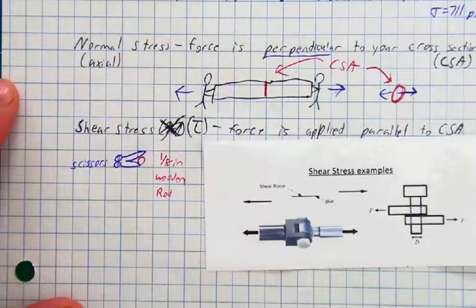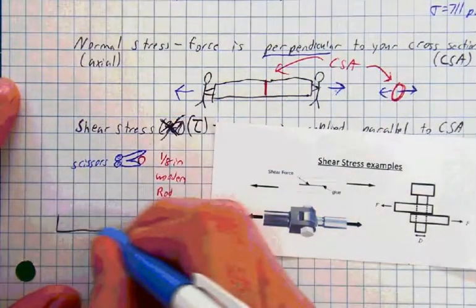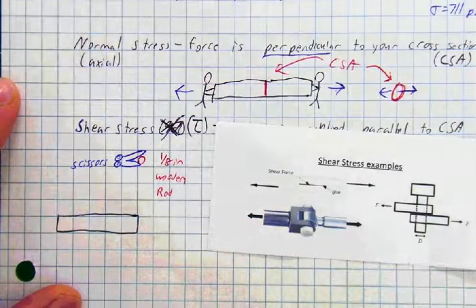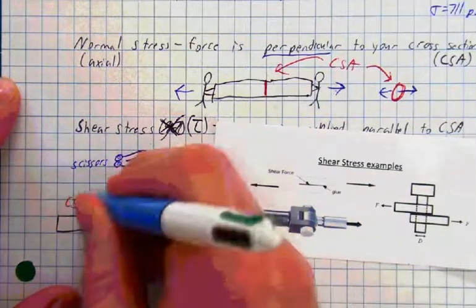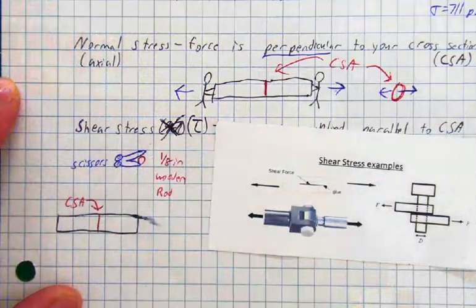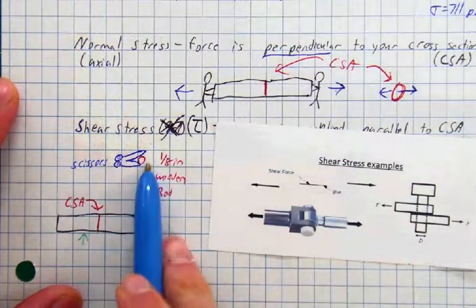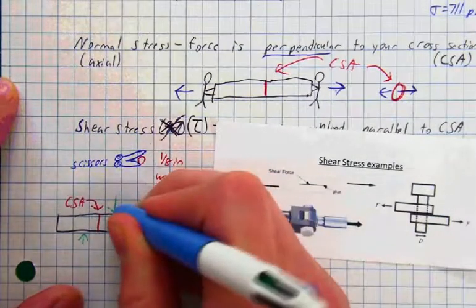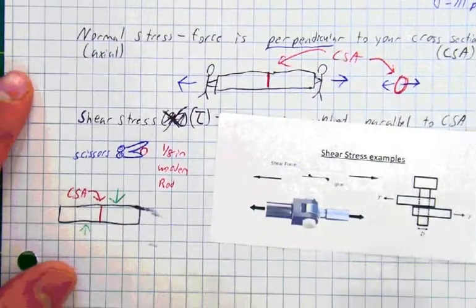Here's basically what would be happening. Let's look at this side view again. Let's draw a quick rectangle for ourselves. Looking at this side view, we've got our cross-sectional area here. Let's call it CSA right in this location. What would happen is we'd have one force pushing up one side of the scissors across that cross-sectional area, and another side of your scissors pushing down, right? What are we trying to accomplish?